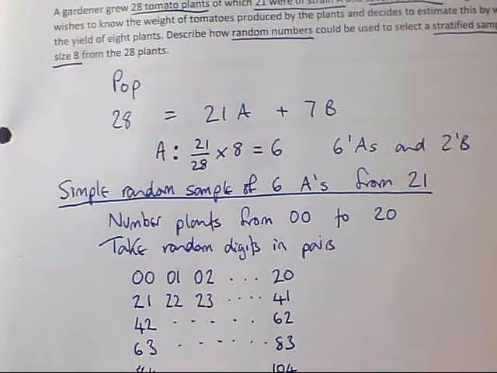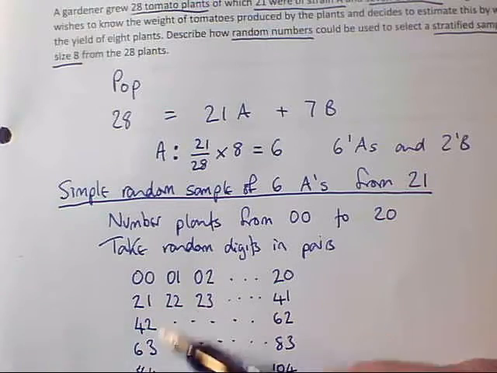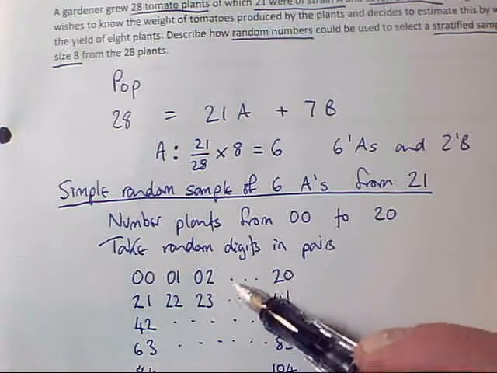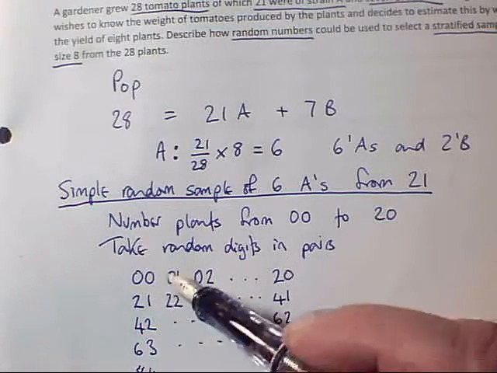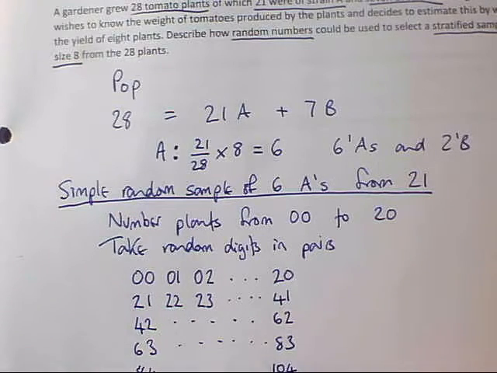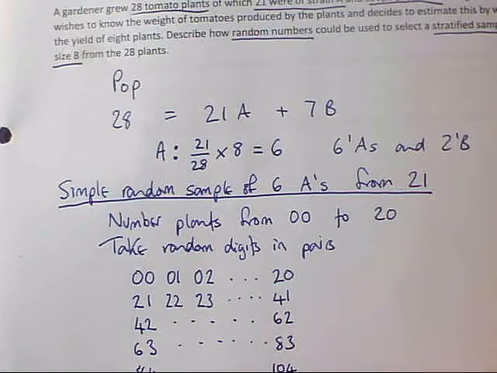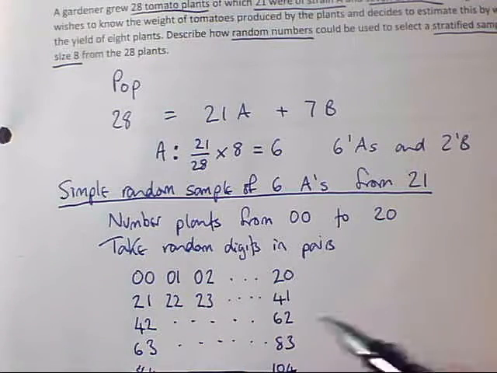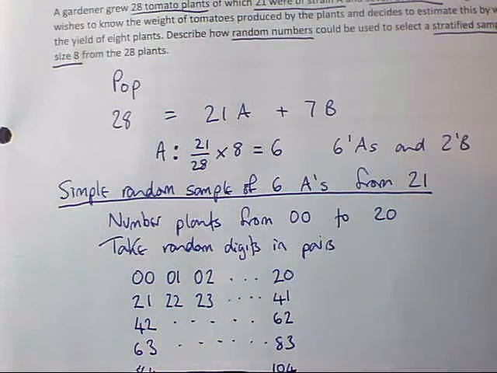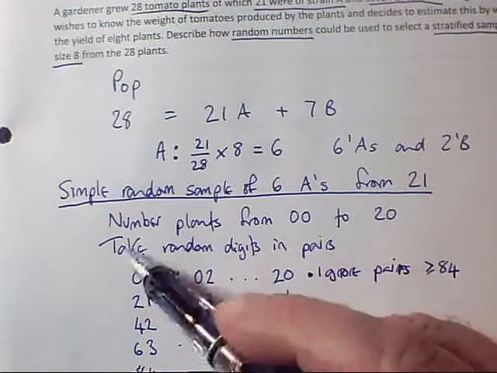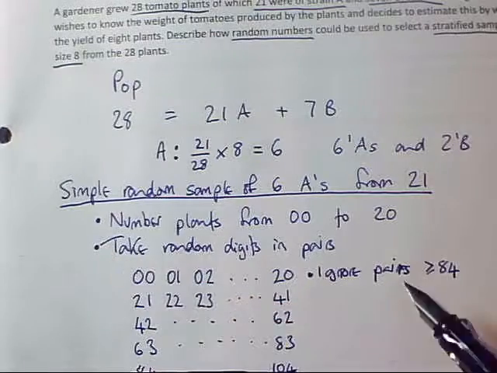And if I were to allow some of these plants to have the extra possible number that gets them, then that would be unfair on these plants down here. I've got to have 4 ways of getting each plant. I can't have 5 ways of getting some of them, and only 4 of the others. So that means I'm going to ignore all numbers of 84 and above. You don't have to write this out in your solution, but you do need to say that we're going to ignore pairs of 84 and above.